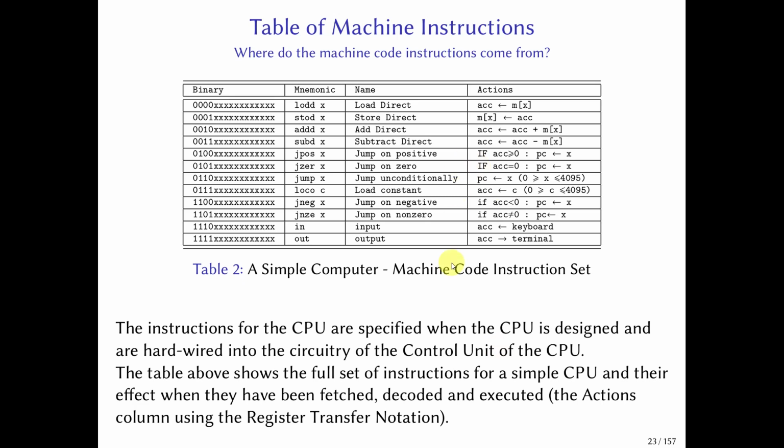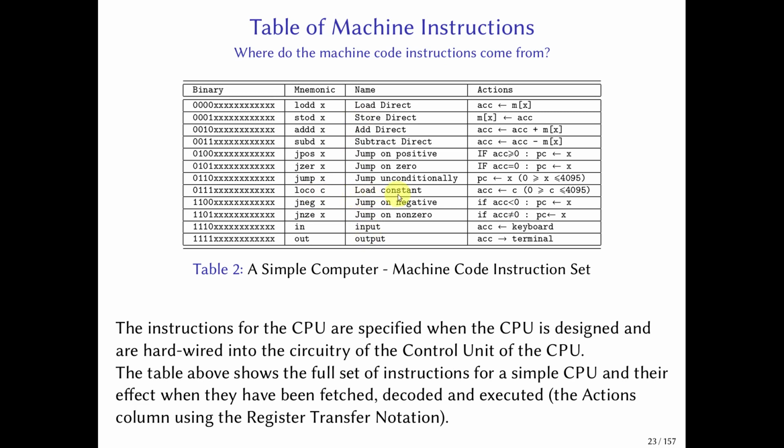So you can see that our table specifies the binary representation. There, for example, is loco, and you can see that the first 4 bits are just the same as we looked at previously, 0, 1, 1, 1. You can see that it has a symbolic form, which is loco C, and then there's a column that tells us something about what it does.